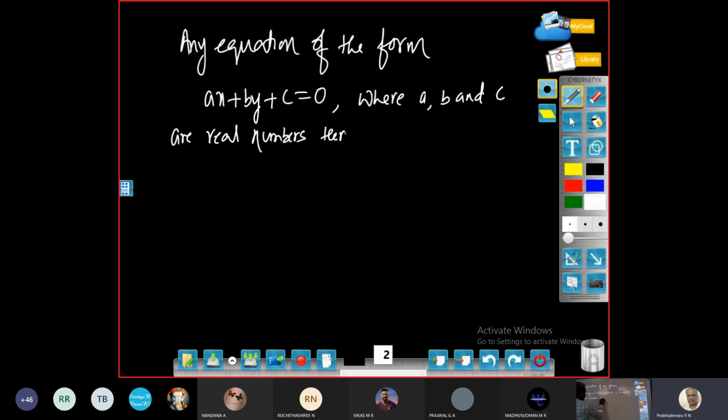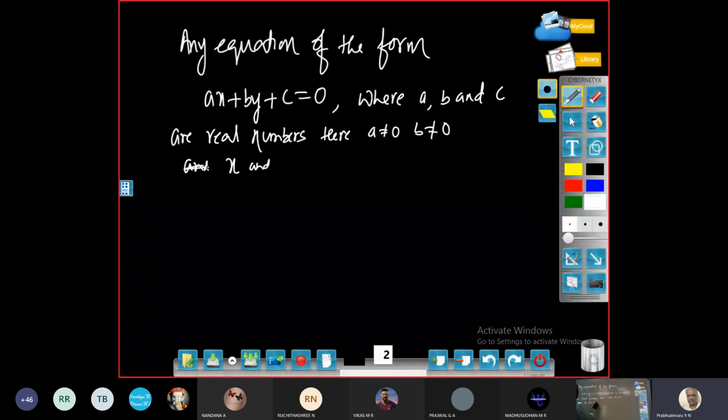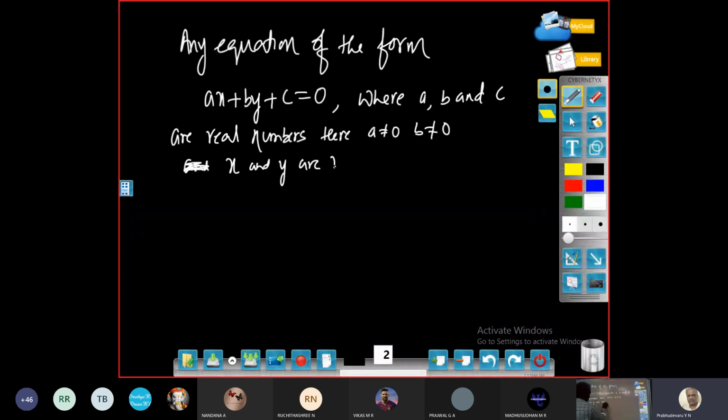Here a should not be equal to 0, b should not be equal to 0. If a is equal to 0, then x will be eliminated. If b is equal to 0, y will be eliminated. Okay, and here x and y are variables.